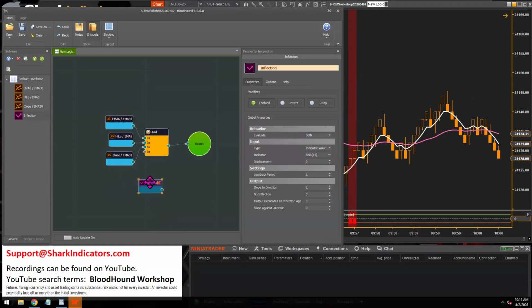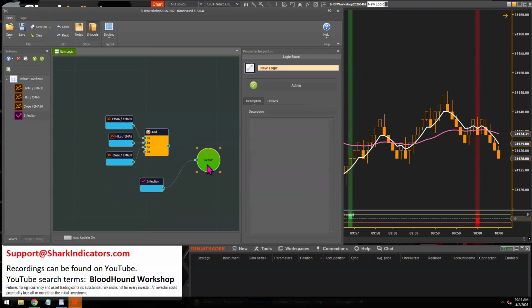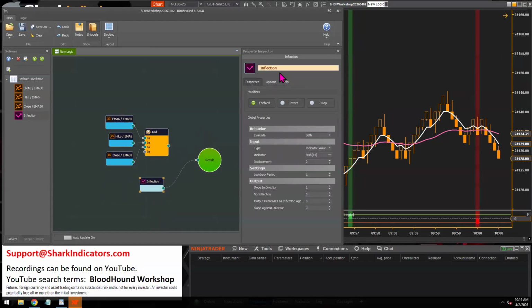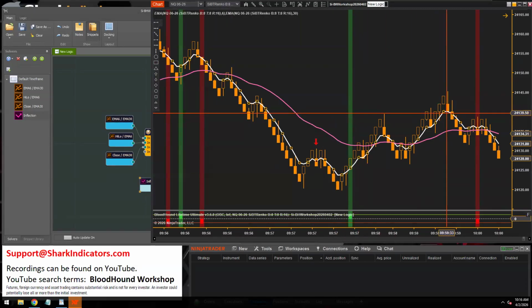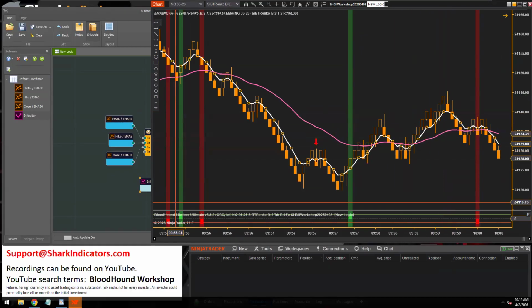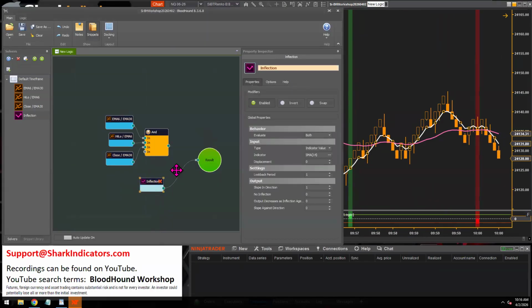So the inflection solver here tells us when price reverses, or anything reverses. We could plug the EMA 6 in there, and it'll tell us when the EMA 6 rolls over, or rolls up, reverses up, reverses down.